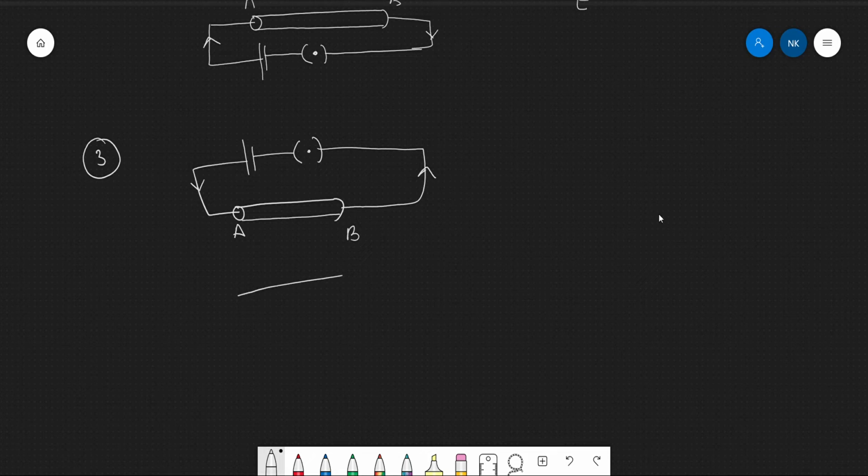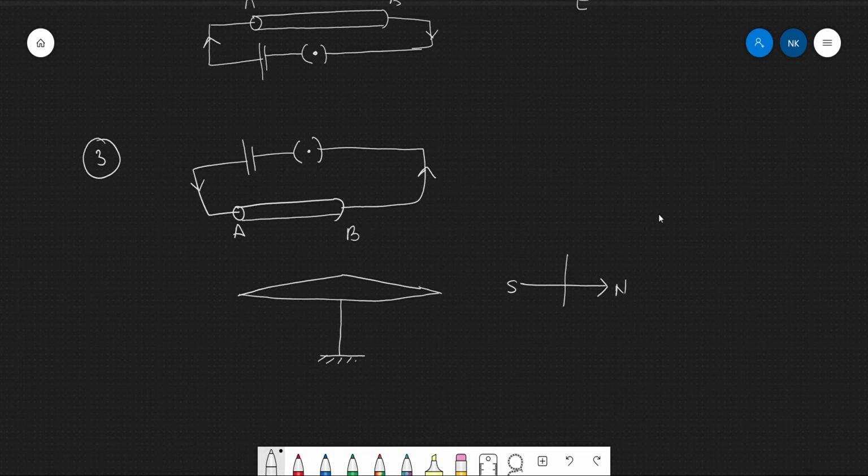Here the compass needle is pivoted, so we need to assume this is north and here this is south.